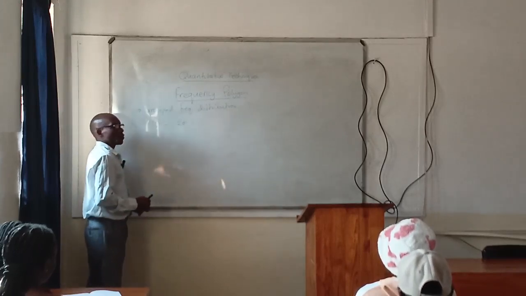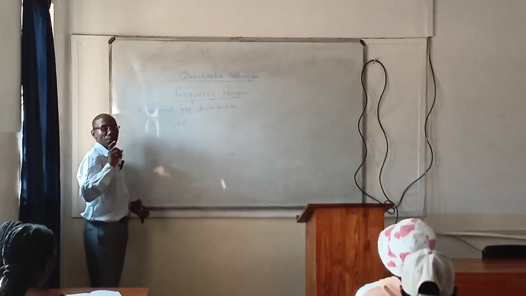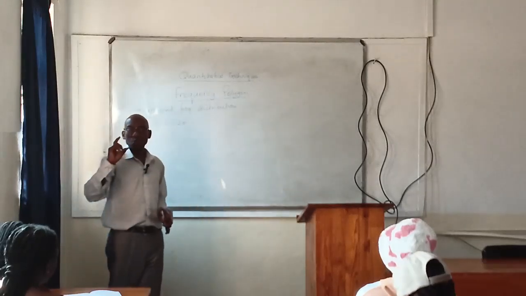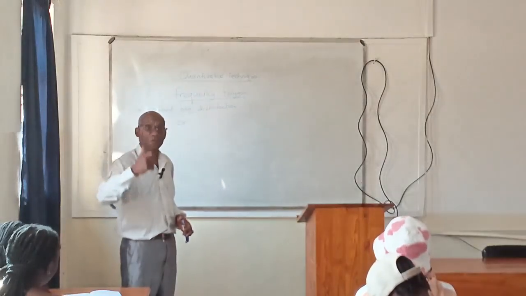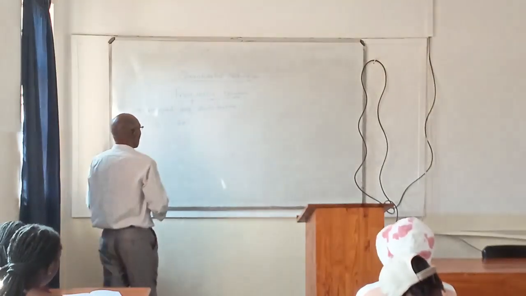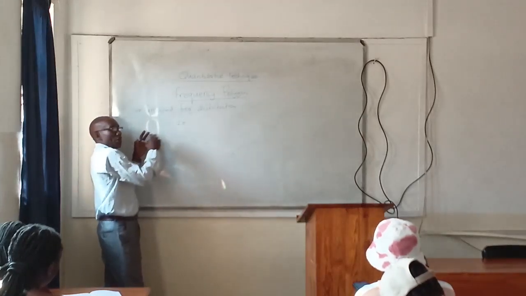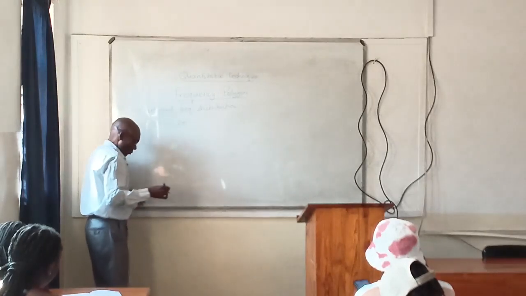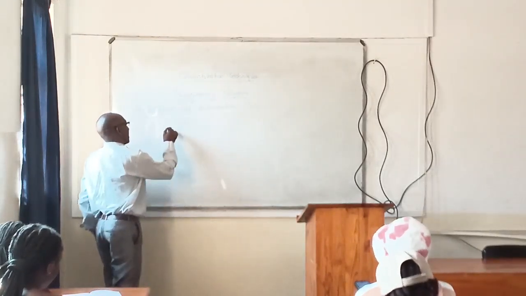Now, if it is 10 to 20, when you want to draw the frequency polygon, you need to come up with the mid-interval value. The mid-interval value is going to be found at the center.